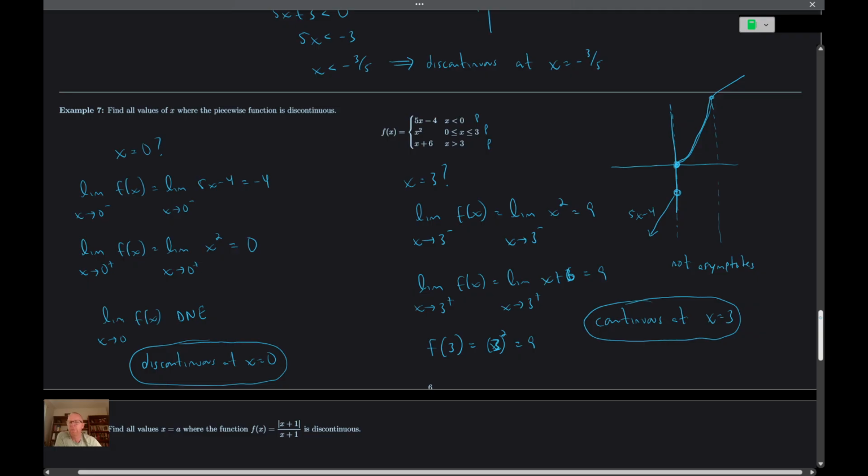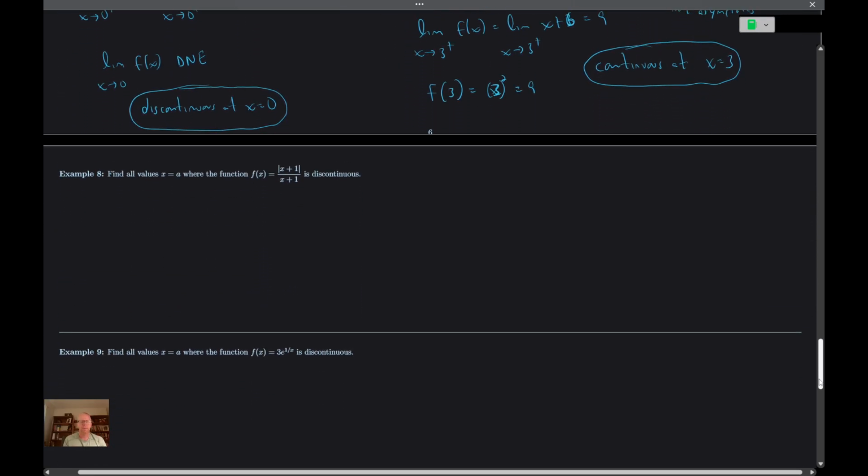And we already know that if we plug in 3 here, we get 9, so that's continuous there. All right, so that's what the graph looks like. So we can see the jump discontinuity, and then we come up here and we can see that it's a corner, but it's not a smooth transition, but it is a transition. So it is continuous.